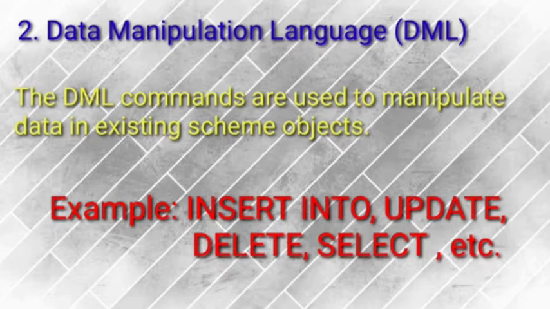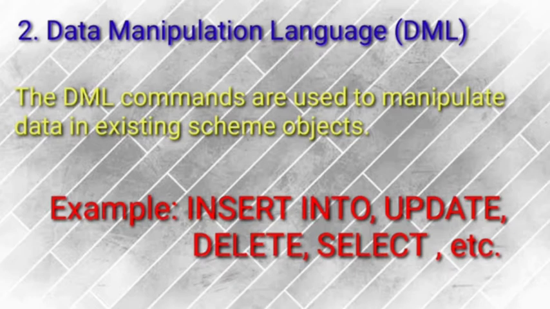Now after that you insert the records inside the table using the insert into command, and then if I want to modify the data, we will be using the update command. If you want to delete the data, then delete is used, and if you want to see the data, then the select command is used. One by one we will be reading these commands in further videos with the help of practicals.